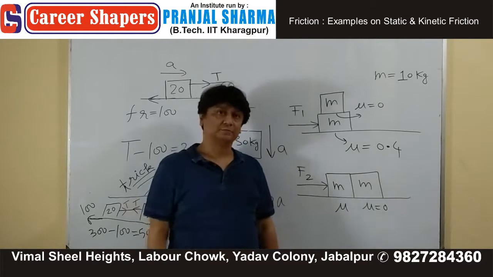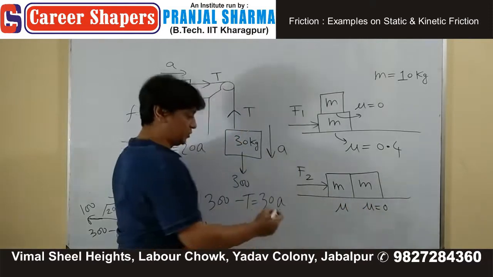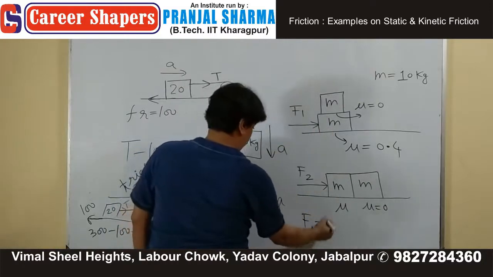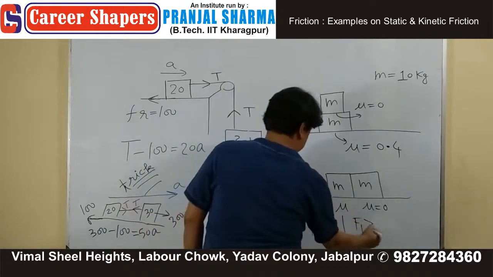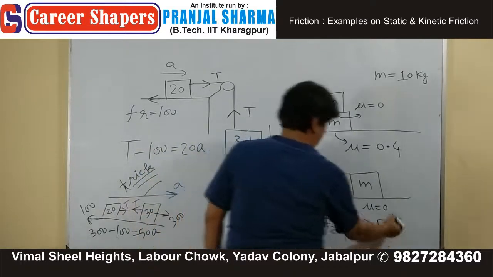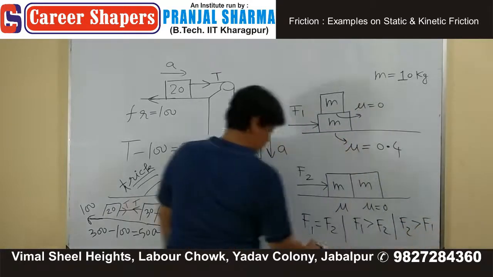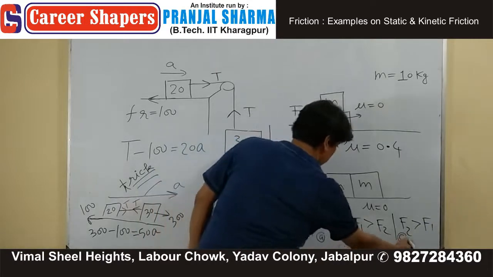Before that, just tell me which option is correct. If I want to move this, then F1 equals to F2, F1 is greater than F2, or F2 is greater than F1. Which of these three options you think is the correct one? A, B, or C?